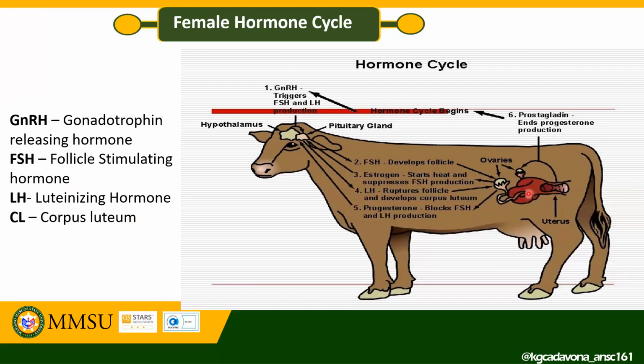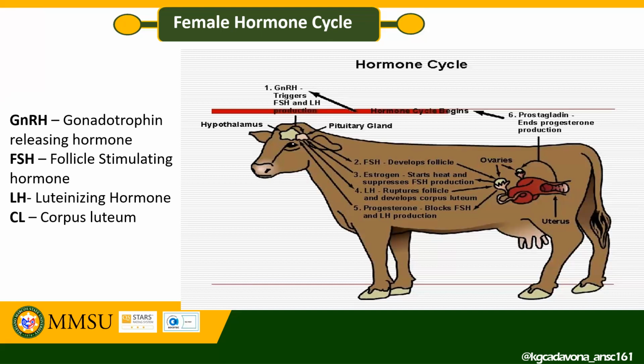So in female animals, si FSH, from the word itself, follicle stimulating hormone, siya yung nag-i-stimulate sa mga follicles sa ovaries to develop a mature ovum. Kasi if you could remember yung sinabi ko kanina, one of the functions of the ovary is to produce an ova. Okay? And another one, si FSH, trinitrigger din niya yung secretion of estrogen.